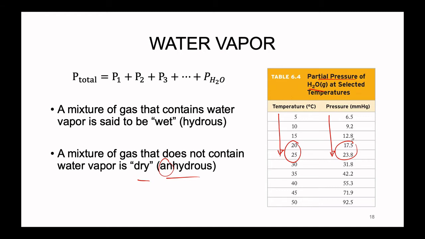To bring this full circle though, the reason why I am discussing water vapor is if we are working in the lab and we're measuring pressures of gases that are inside of a container, unless we have siphoned out all of the water via chemical means, we're always going to have a little bit of water in there as well.